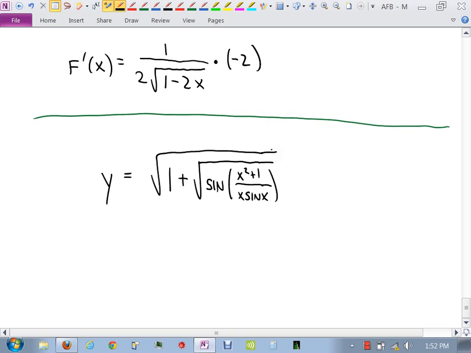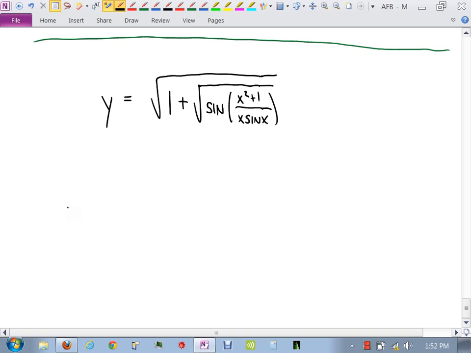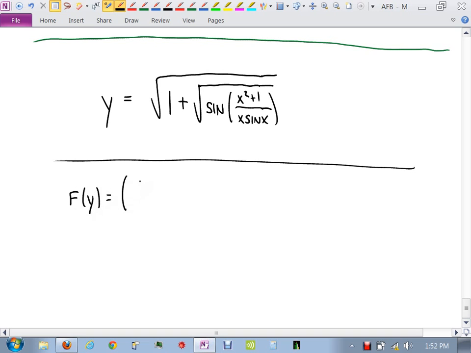2.4, number 5. This will be the last one I do.